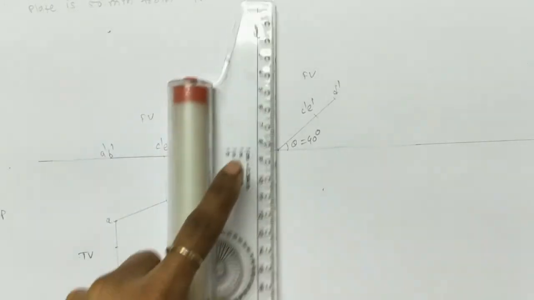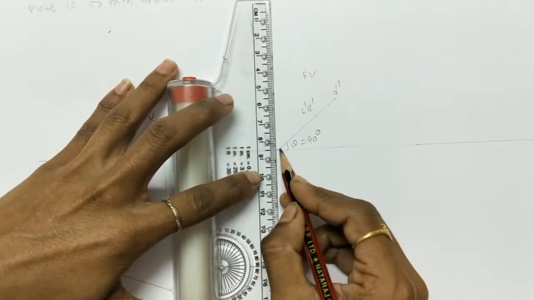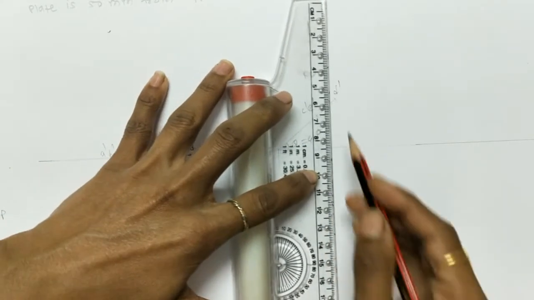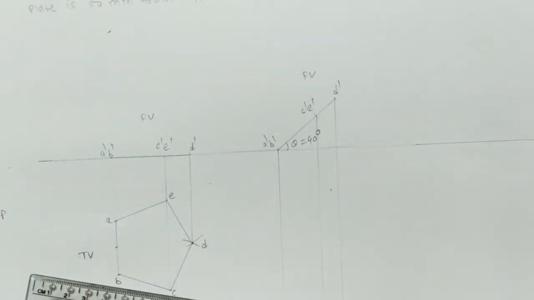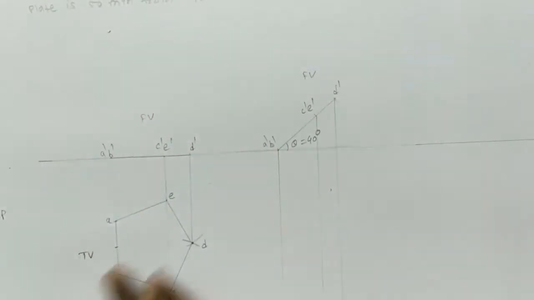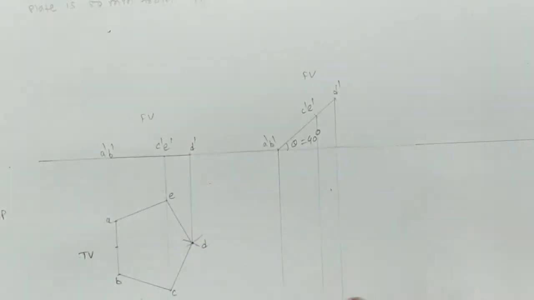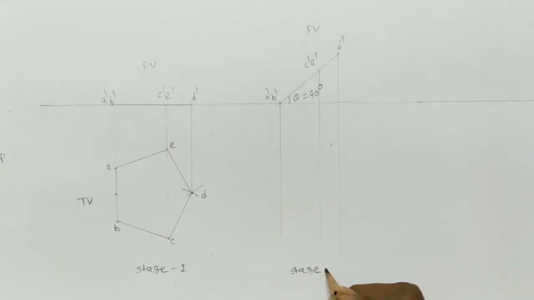Now take projections of the front view and also this top view in stage 2. This is stage 2.